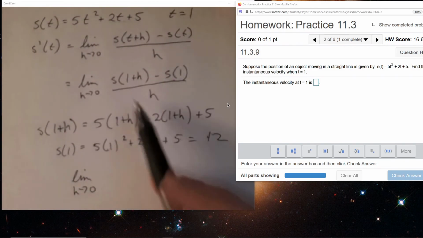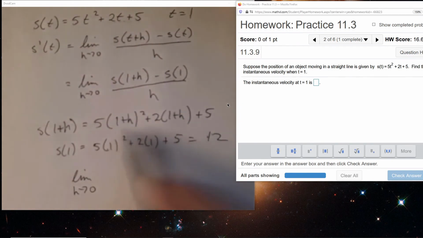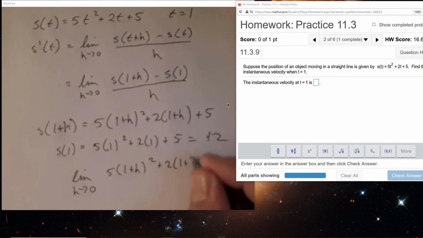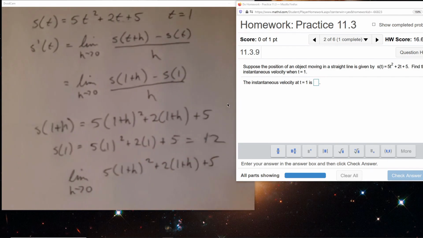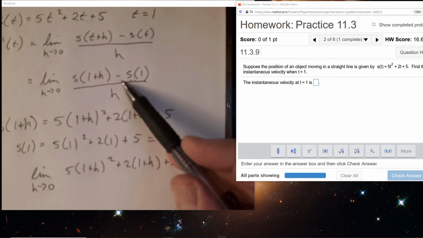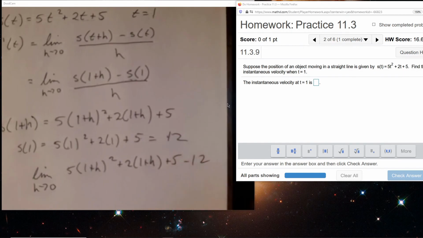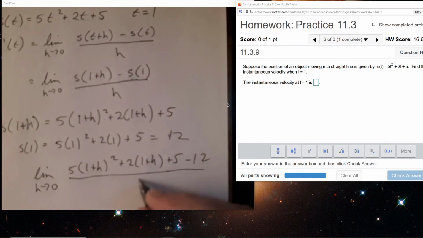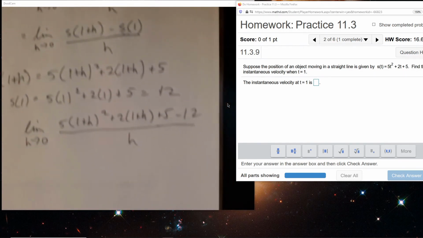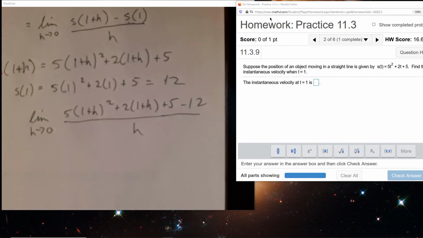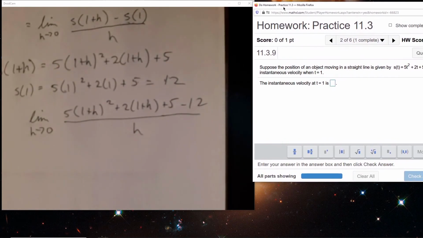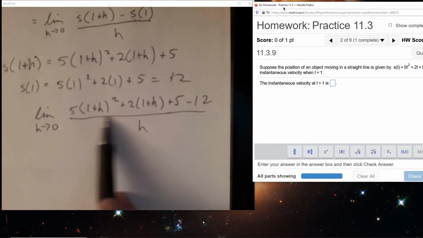So s of 1 plus h is all this stuff. And then we subtract off s of 1, which we figured out was 12. And that's all divided by h. And so we'll distribute all this stuff out and hope terms cancel.